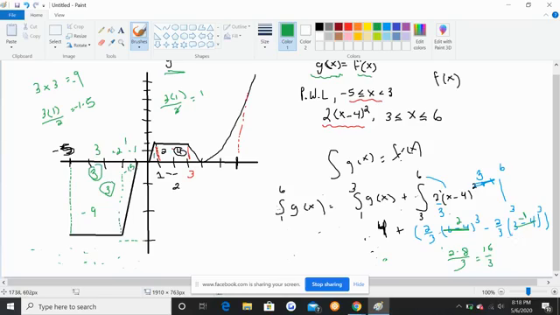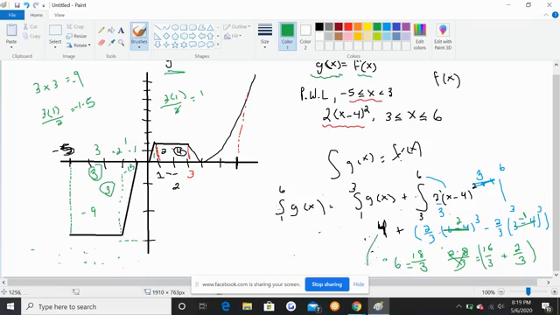So we have negative 1 times negative 2 over 3, which equals positive 2 over 3, because those negative signs cancel. And so we have 16 over 3 plus 2 over 3, which equals 18 over 3, which simplifies to 6.